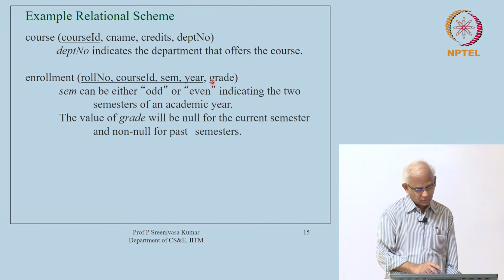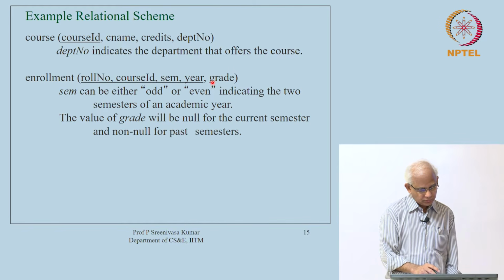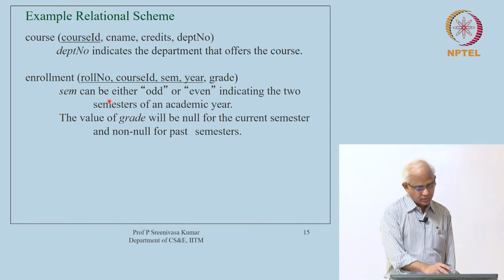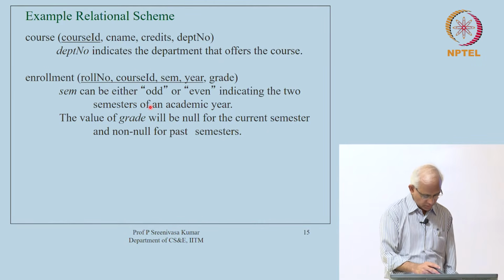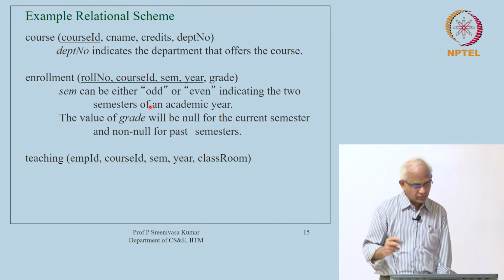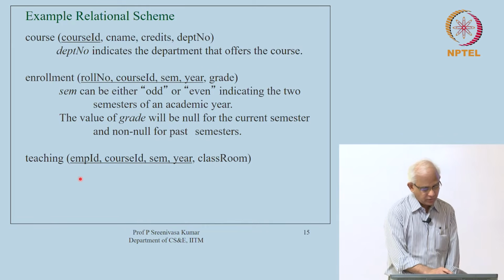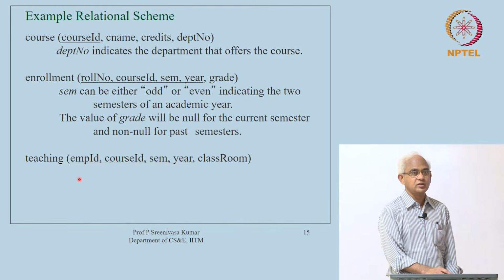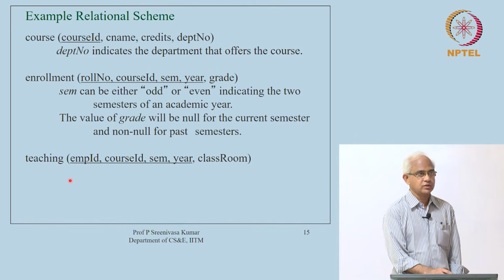Now, so you can see that the issue of how students enroll into courses and then obtain grades is all captured by this enrollment relation. Then from the faculty side we want to keep track of who teaches a course.